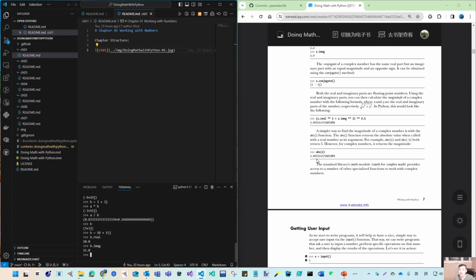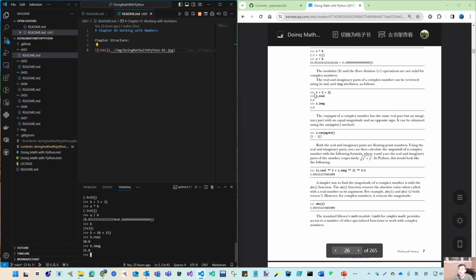And then the conjugate of a complex number has the same real part but an imaginary part with equal magnitude and opposite sign. So if I have 2 plus 3j, the conjugate is 2 minus 3j. Just change the imaginary part to the opposite sign.